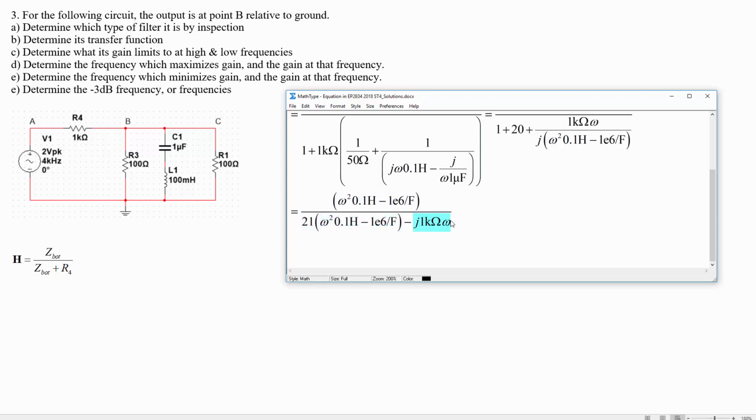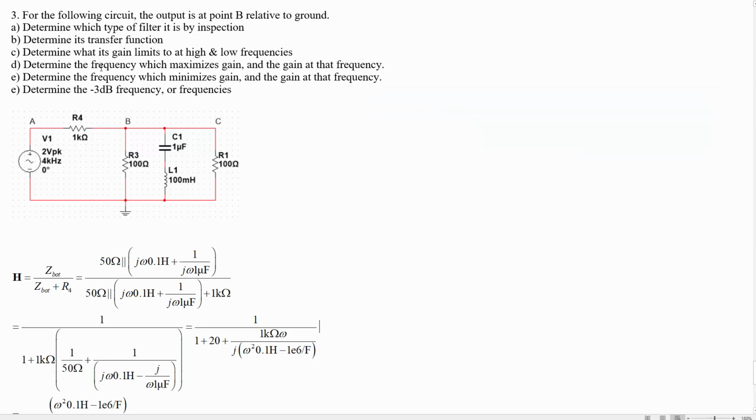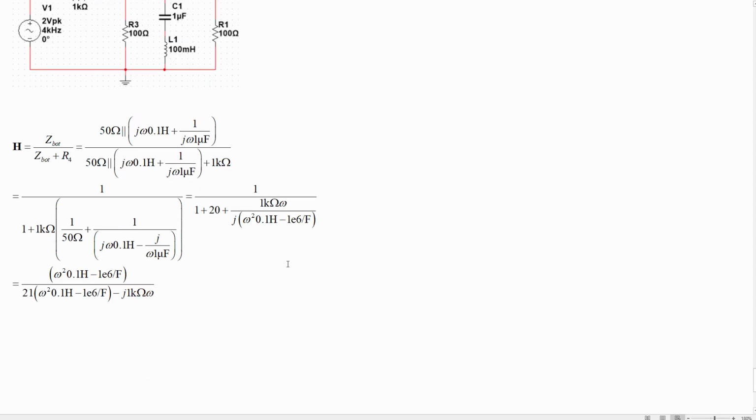So we are going to have a non-zero gain, but because we've got a 1K divided with a 50 ohm, we do have a gain that's kind of low anyway. We have 1/21 as the limiting gain, which is what you would get for that voltage divider when this gives you infinite impedance. So that's confirmation of the transfer function and what the gain limits to at low and high frequencies. We can write that out.